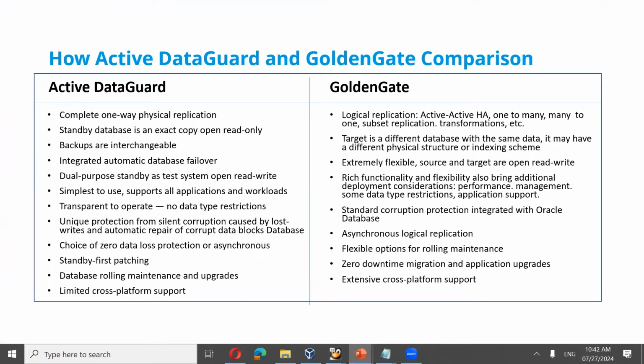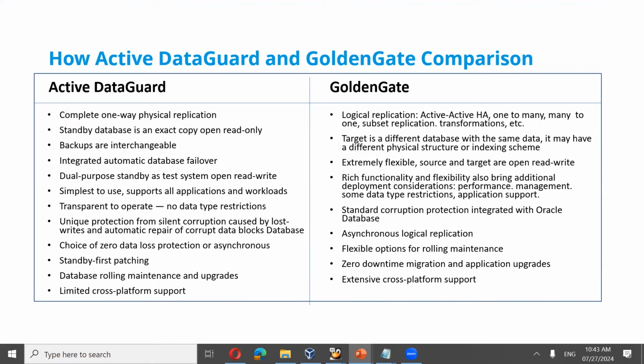You can do row level filtration as well. That's what you will learn during the training as well. I discussed that during the training as well. So row level filtration. With Active Data Guard, you don't have any choice. Whatever is happening on source will be replicated. One-to-one replication. The whole purpose of Active Data Guard is just to ensure disaster recovery.